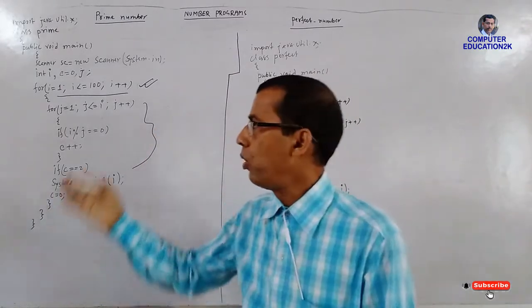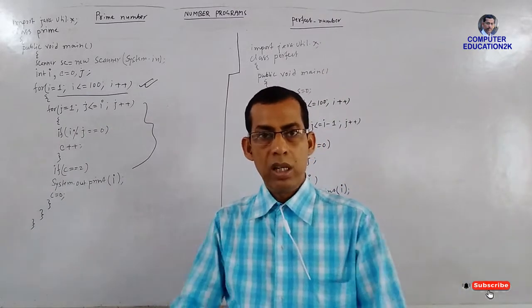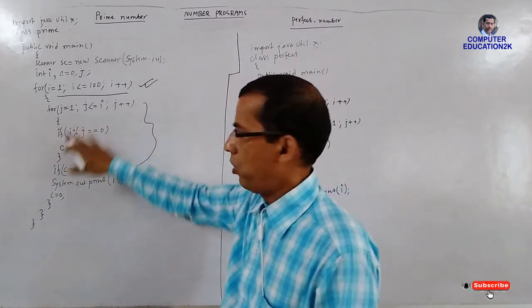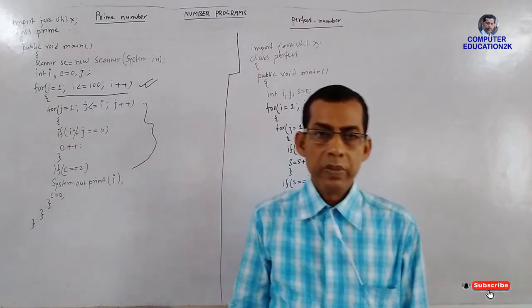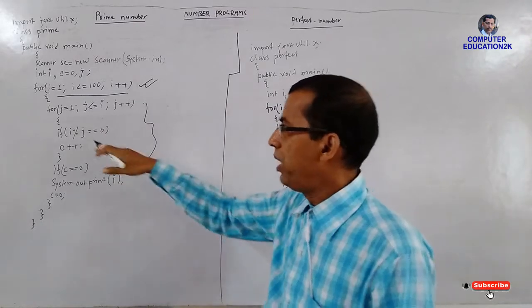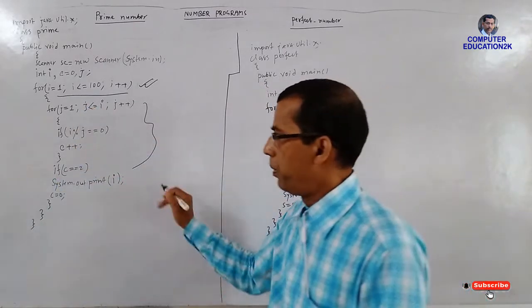Suppose from the for loop, the first time the value of i is 1, so I will take 1 and check whether it is prime or not. If it is prime, I will print it. Then the value of i will be 2, so I will bring 2 over here and check whether it is prime or not. If it is prime, I will print 2.